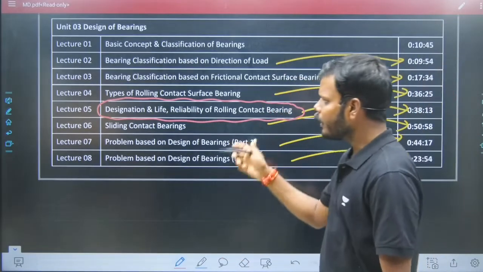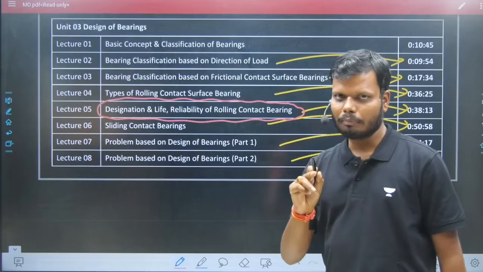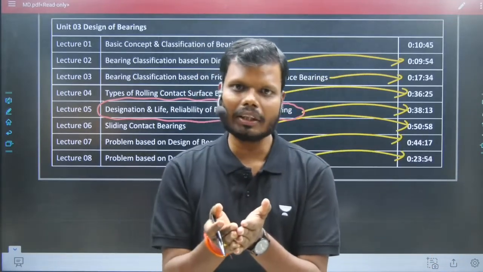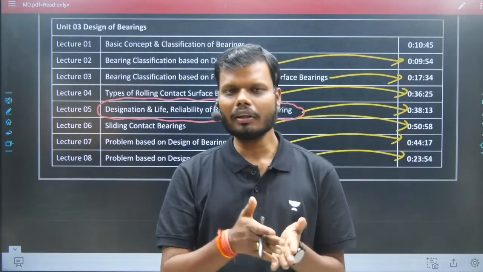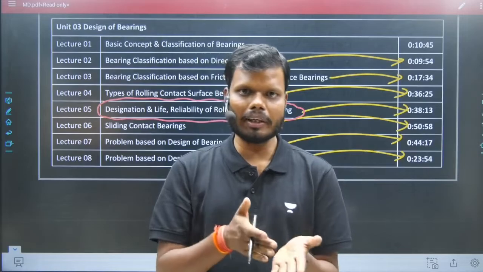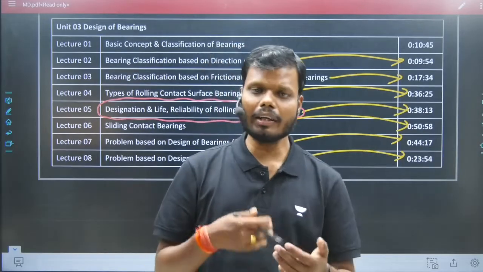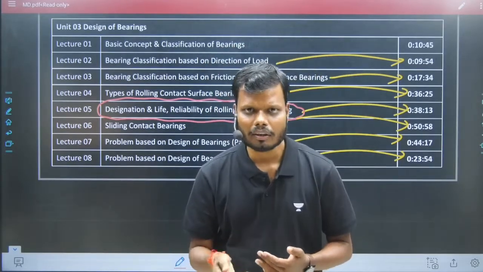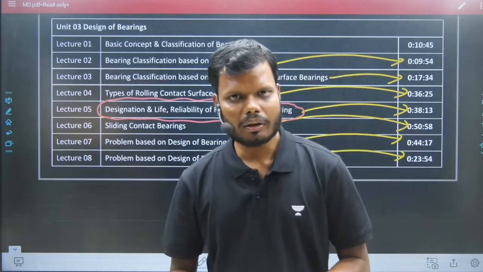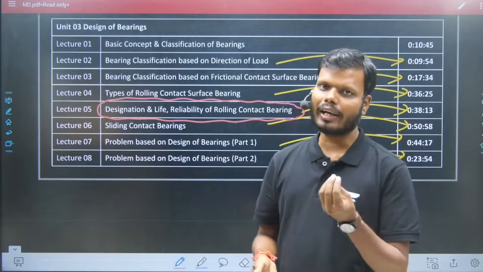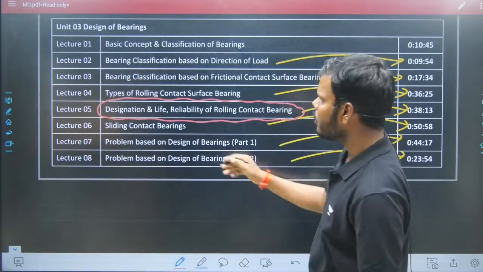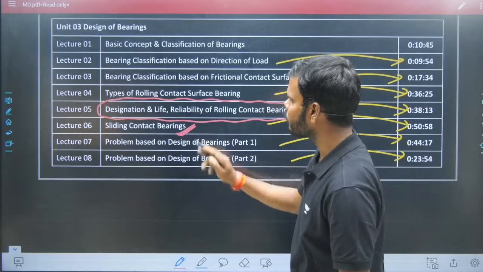Second, sliding contact bearing is also important, because frictional contact surface bearing is classified into two parts: sliding contact bearing and rolling contact bearing. Rolling contact bearing is nothing but ball bearing or roller bearing, and sliding contact bearing is hydrostatic bearing, sleeve bearing. Anti-friction sliding contact bearing, sleeve bearing or hydrodynamic bearing is very important for the GATE examination.